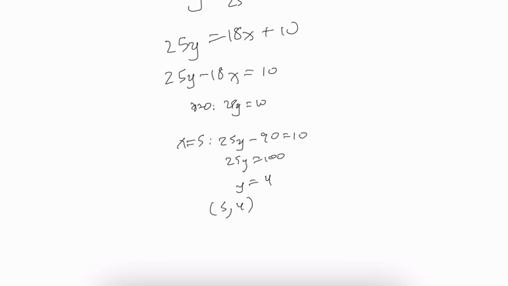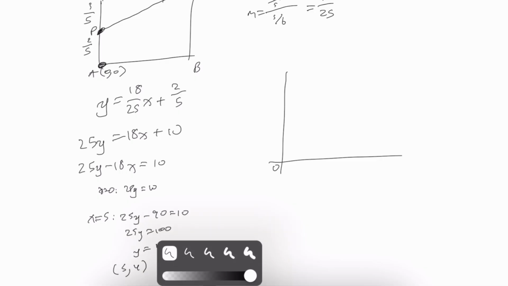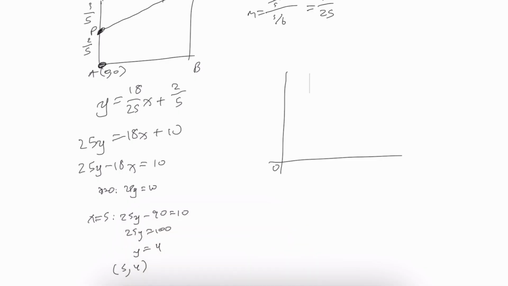So if we sort of draw it out now, 1, 2, 3, 4, 5. 1, 2, 3, 4. I should draw it out like this instead. This is our 0. 1, 2, 3.